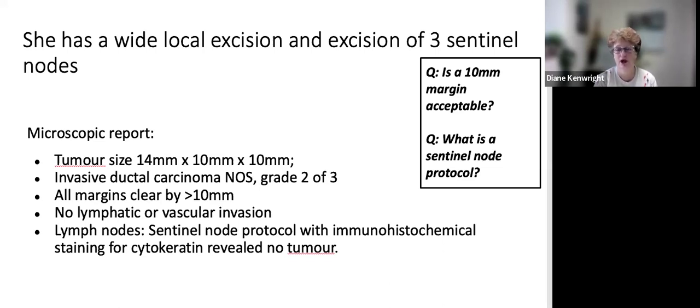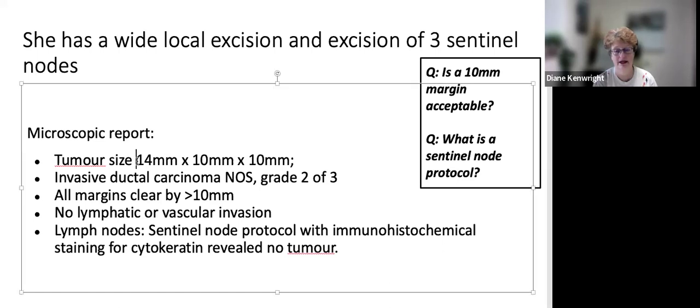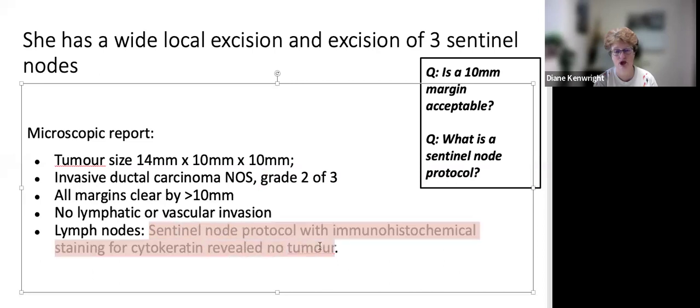So here we go. What we see is that she has a tumor that is 14 millimeters in greatest diameter. Yes, we still think it's grade 2, and we think all margins are clear by 10 millimeters. We can't see any lymphatic or vascular invasion, and we do the sentinel node protocol, and that reveals no tumor.